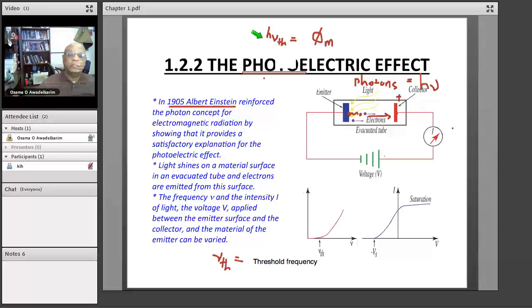And see that the electron takes all the energy of the photon. So the photon is annihilated, no longer exists. It gives all its energy to the electron. And this electron absorbs the energy of the photon, and then this energy, energy phi m, is enough to make it free from the surface.